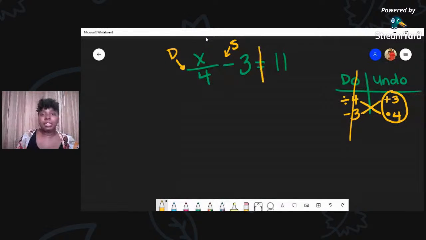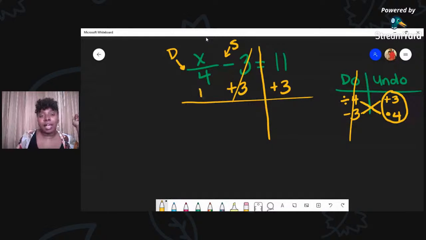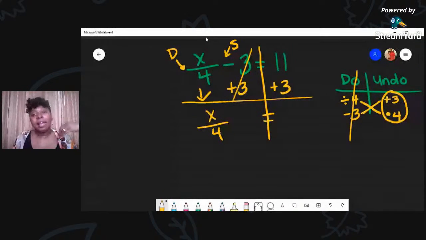Draw the line to separate your balance beam. Step 1, add 3 to both sides. All right, they cancel out. I didn't do anything to this x divided by 4 yet. Bring down your equal sign, and 11 plus 3 is 14. That was step 1.